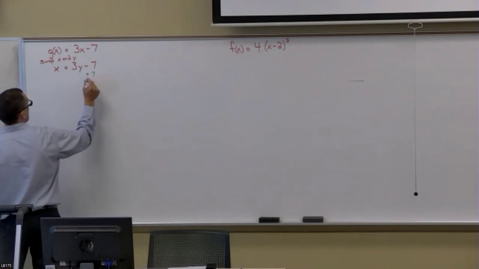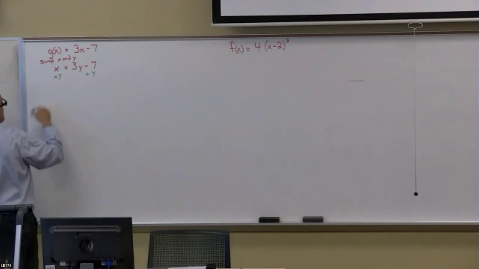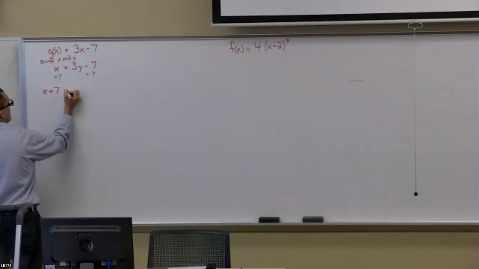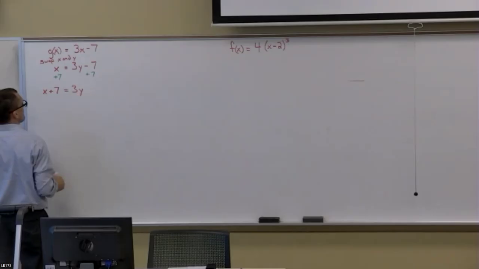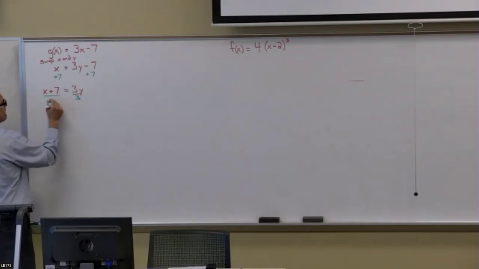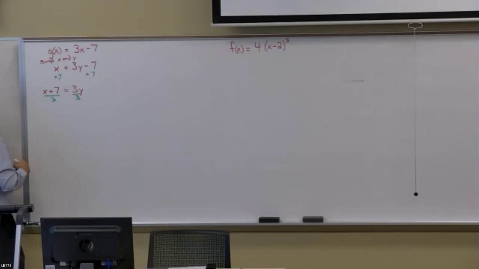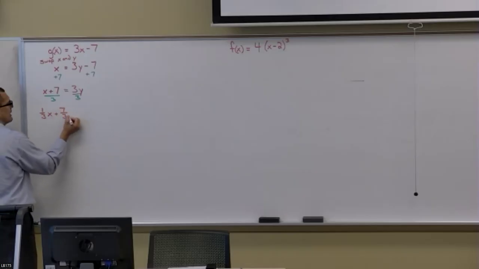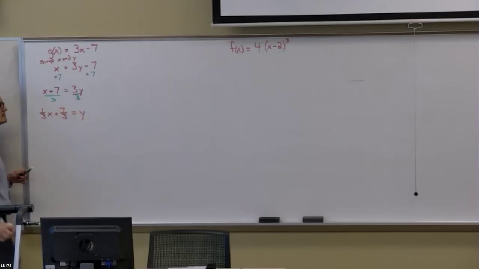I'll add 7 to both sides. I get x plus 7 is equal to 3y. Then I would divide both sides by 3. And here's how I'll write this: 1/3 x plus 7 over 3 is equal to y. Now I have it solved for y.